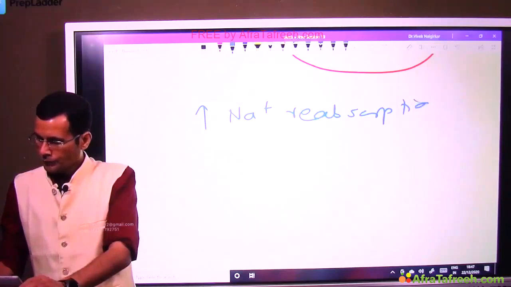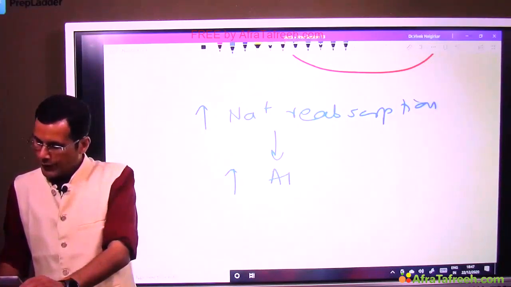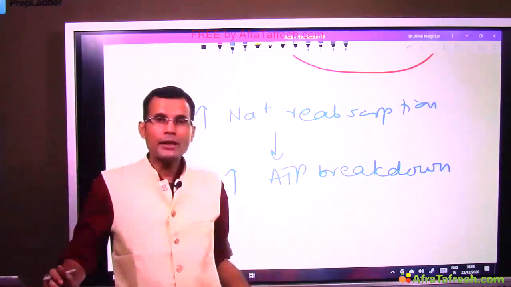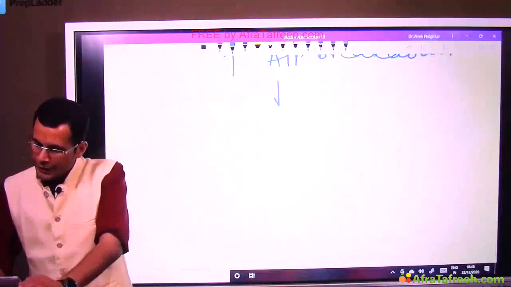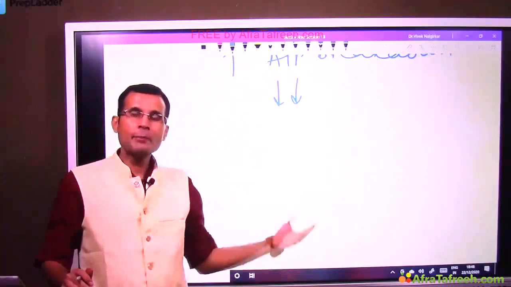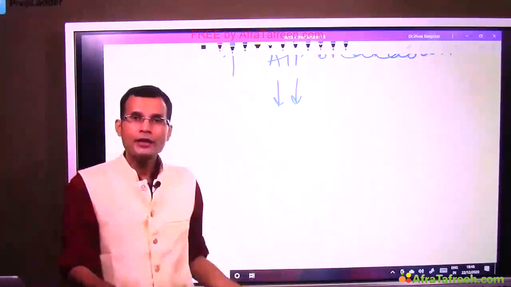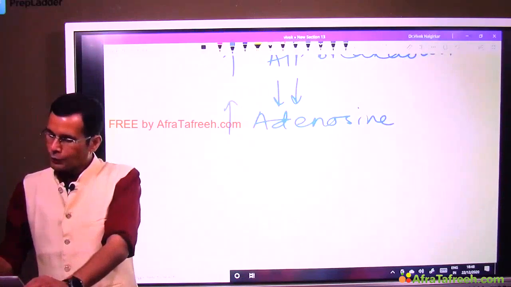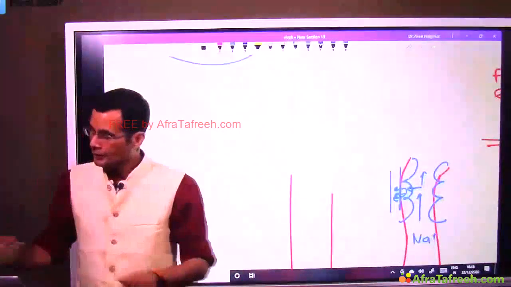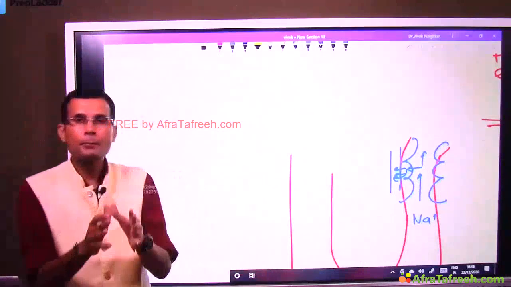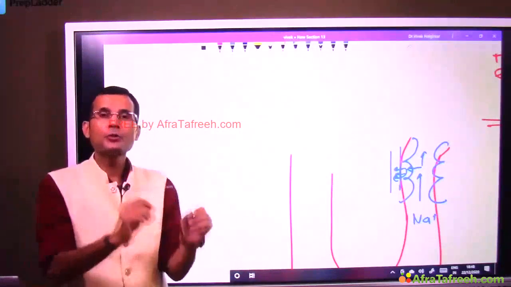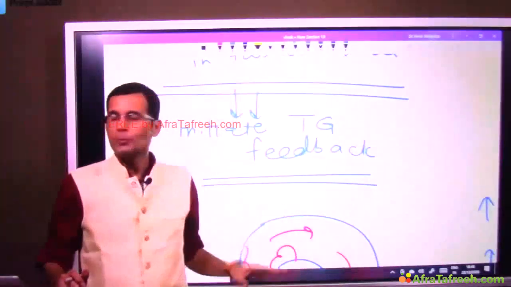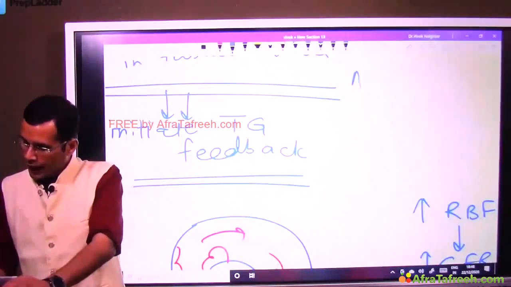Increased ATP breakdown means what remains? ADP, AMP, and finally adenosine. So there is increased formation of adenosine, and this adenosine is the important ligand in the tubuloglomerular feedback. So tomorrow they can ask you, what is the ligand involved in tubuloglomerular feedback? One ligand is adenosine.